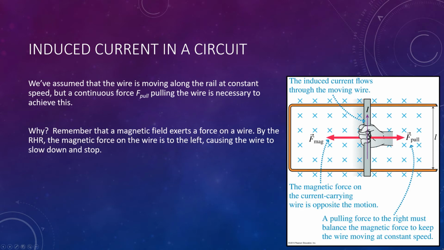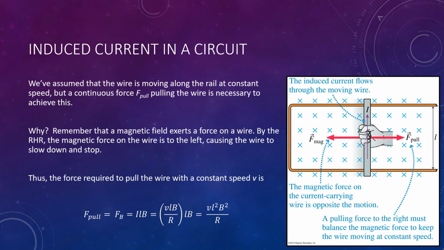Now, this force must balance the magnetic force, so we can set those two forces equal to one another. In other words, we set our pulling force equal to the magnetic force on a wire. If you recall from a couple discussions ago, the magnetic force on a wire is given by ILB. This looks a little crazy because I'm doing a derivation here, but it's ILB.